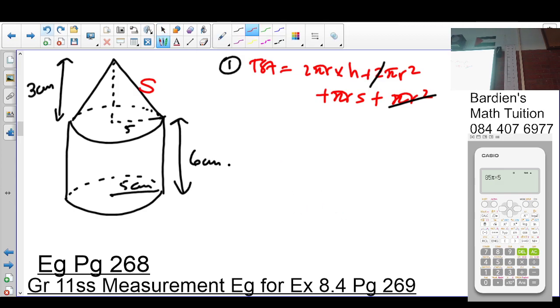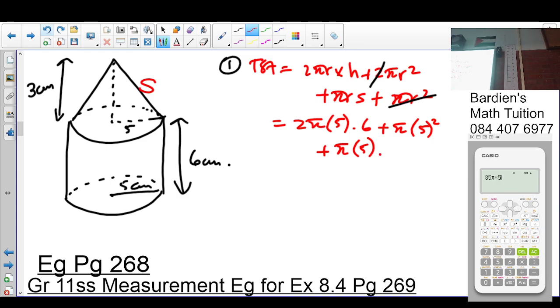So let's go. Firstly we go 2 pi, the radius of the cylinder is 5, the height of the cylinder is 16, plus pi, the radius of the cylinder is 5 squared, plus pi, the radius of the cone is 5, and the slanted height is what we must calculate.